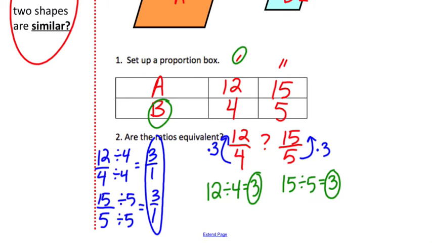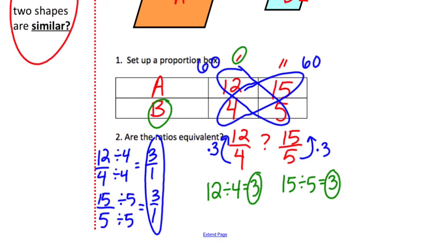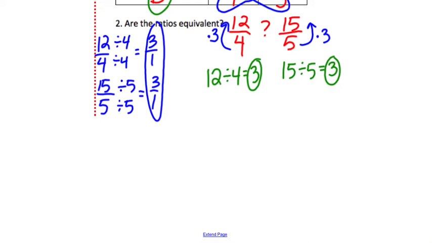Then another method we talked about was cross products. And remember, when we have cross products, that means I'm going to do 12 times 5, which is 60. And then I'm going to multiply diagonally over here, 4 times 15, which is also 60. Again, just another way to check to see if they're equal. So yes, these 2 figures are similar.